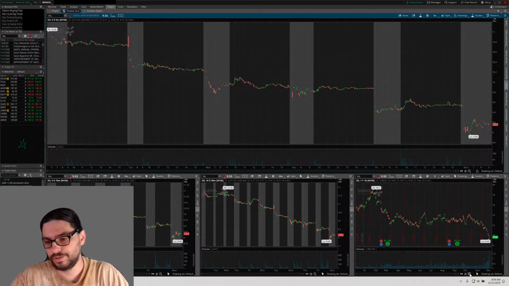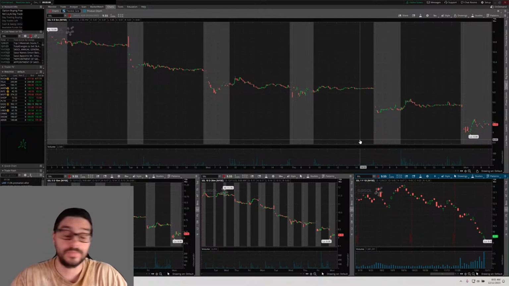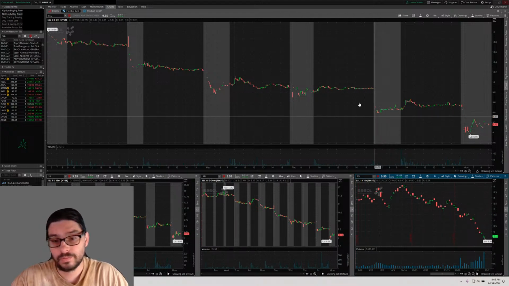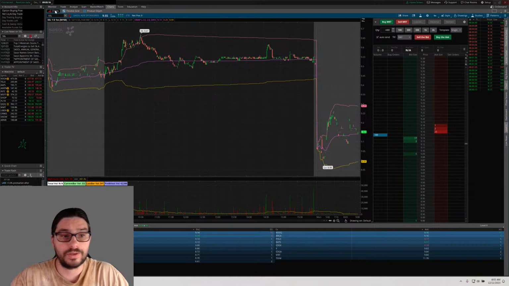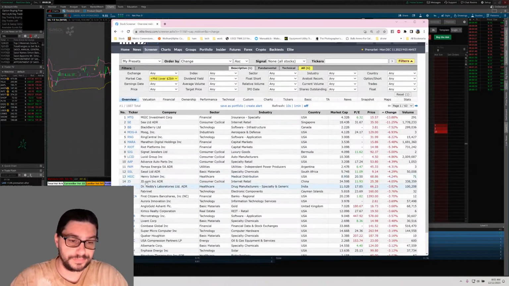SSL definitely could have been shortable, way up here. You run it as a multi-day short. Could still be good as a multi-day short. It seems like it wants to go down to nothing. But we can see from volume wise, there's definitely more and more volume coming in. So that could bounce. It would be a little bit of a risky play.